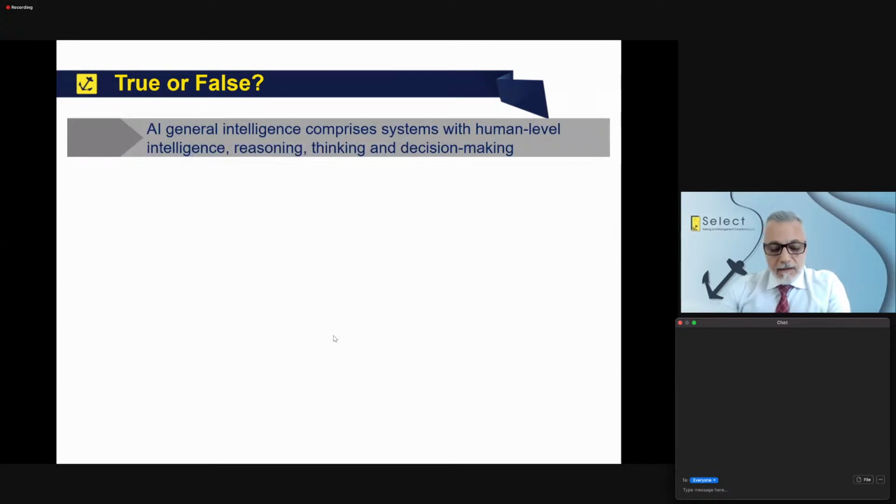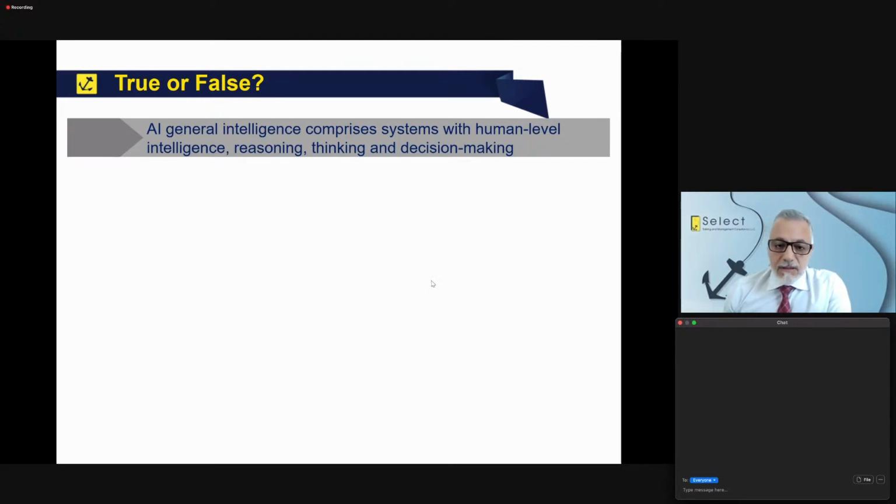The first one: artificial general intelligence comprises systems with human-level intelligence, reasoning, thinking. In other words, the general intelligence of AI is similar to the level of human intelligence. Is this true or false, do you think? No, it's false.